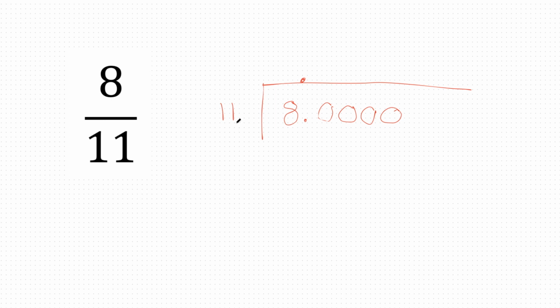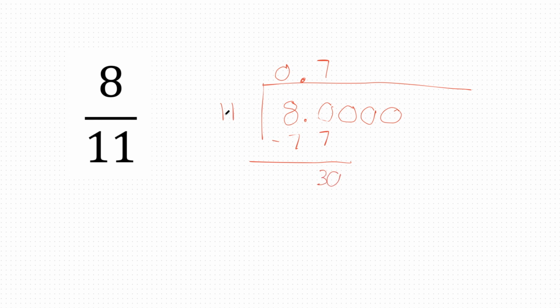Now we say, does 11 go into 8? The answer is no. Then does 11 go into 80? The answer is yes, 7 times. 7 times 11 is 77. Then subtract, and we get a 3 and a 0.